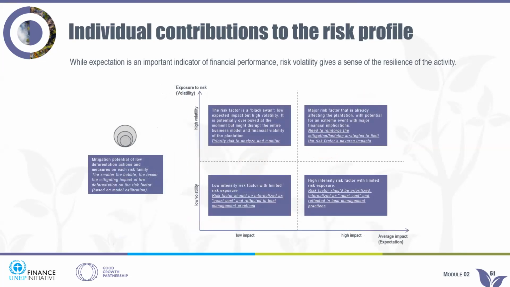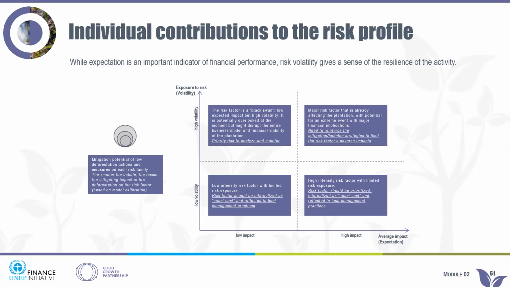It's then possible to fit each risk factor on the quadrant representing the different risk profiles. One axis representing the expected loss, and the other axis, the variance. Banks will, in this case, be especially sensitive to risk factors that are deemed high volatility.